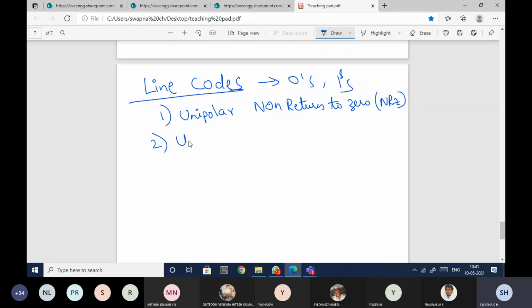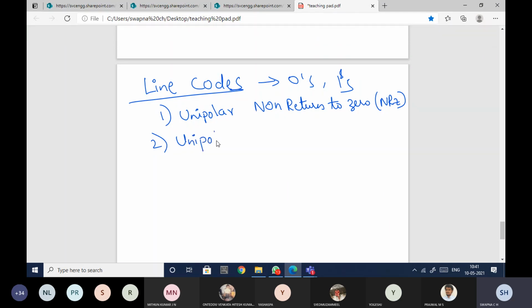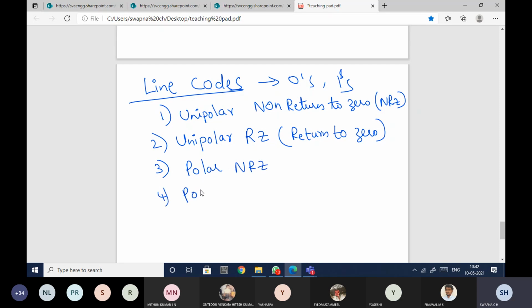Next one is unipolar RZ. RZ means return to zero. What these codes are, we'll see now. Unipolar RZ means unipolar return to zero. The third one is polar non-return to zero. Next, polar return to zero. These are some of the formats.